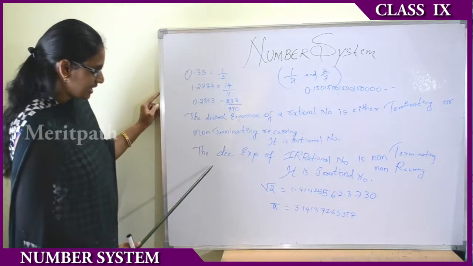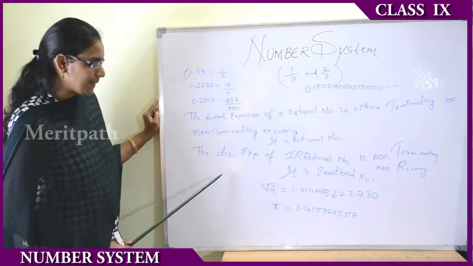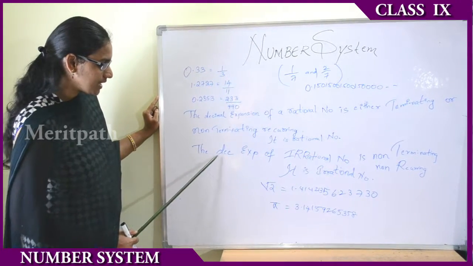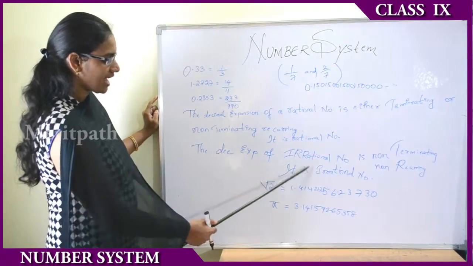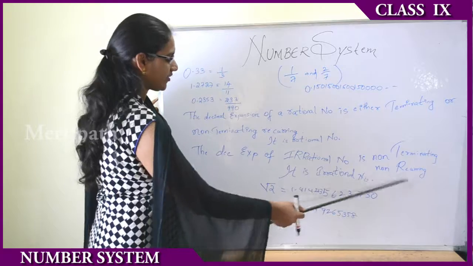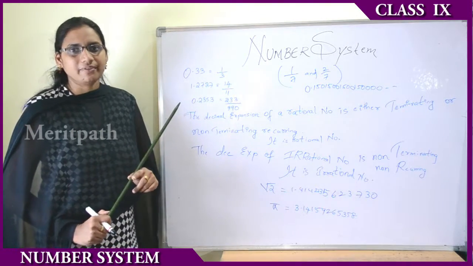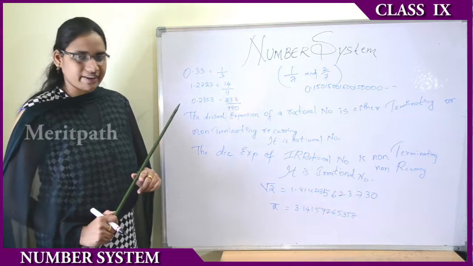Now let us see irrational numbers. The decimal expansion of an irrational number is non-terminating, non-recurring. We say a number is irrational when it is non-terminating and non-recurring.